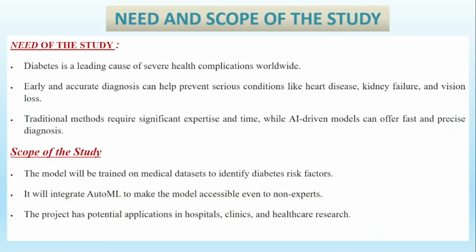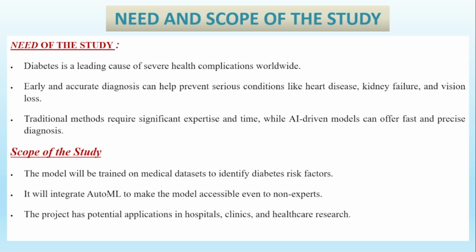Now, why do we need this study, and what is the scope of the study? Need of the study: diabetes is a leading cause of severe health complications worldwide. Early and accurate diagnosis can help prevent serious conditions like heart disease, kidney failure, and vision loss. Traditional methods require significant expertise and time, while AI-driven models can offer fast and precise diagnosis.